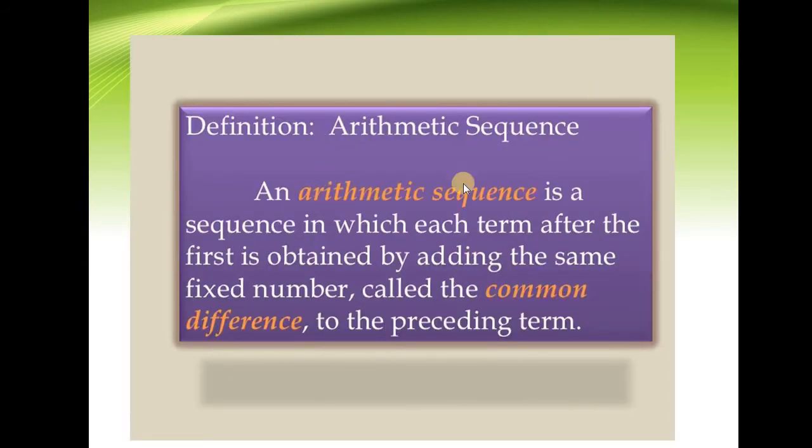Arithmetic sequence, a little bit of further explanation or revision of the definition. An arithmetic sequence is a sequence in which each term after the first is obtained by adding the same number, called the common difference, to the preceding term.